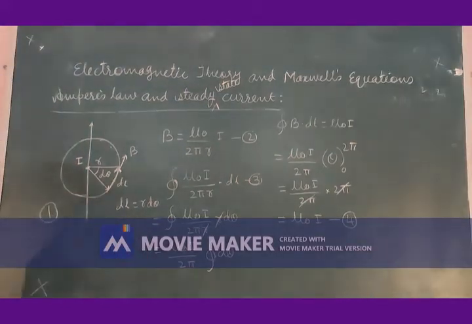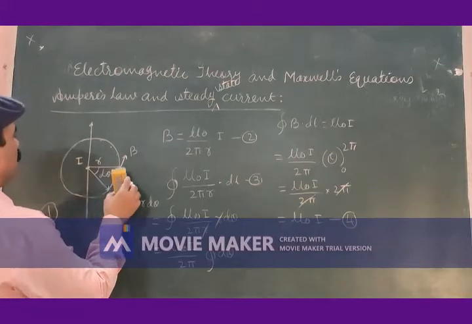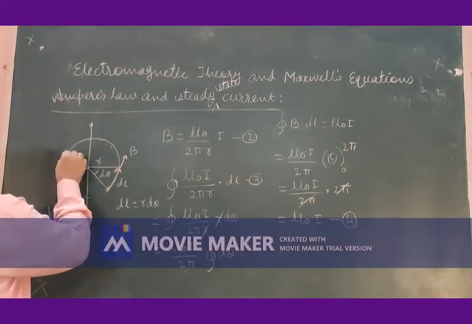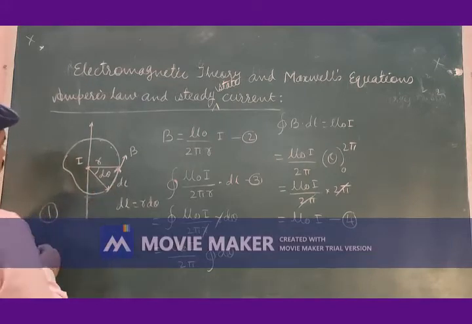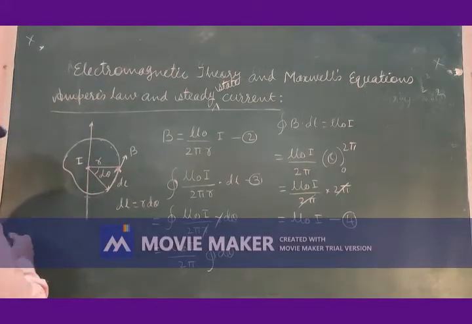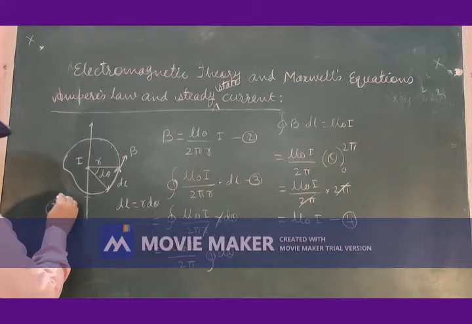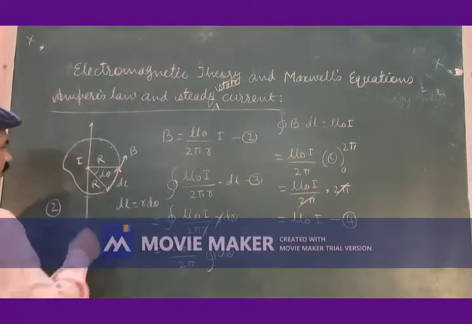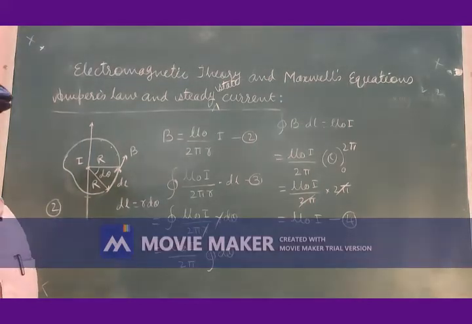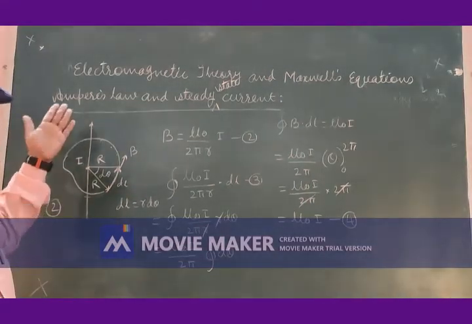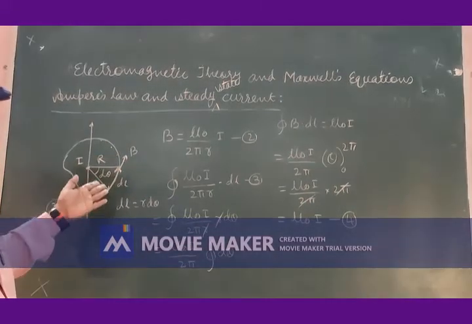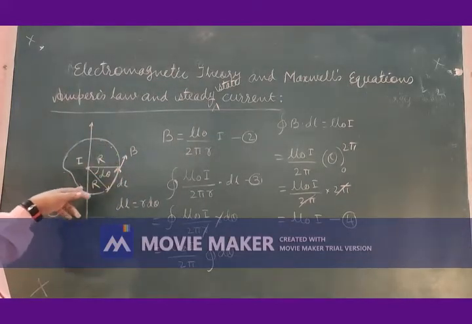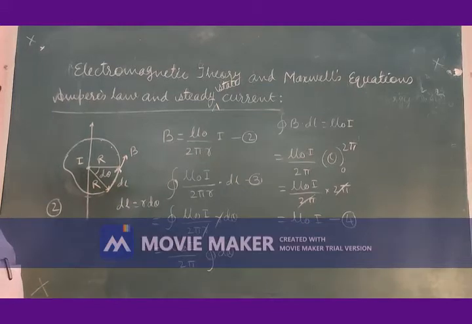In the second figure, let me assume that the closed path is not a circle, although it is a closed path. Let me consider this as figure 2. We shall do the same thing again. Whatever the distance r from this point, this point, or this point, it doesn't matter.